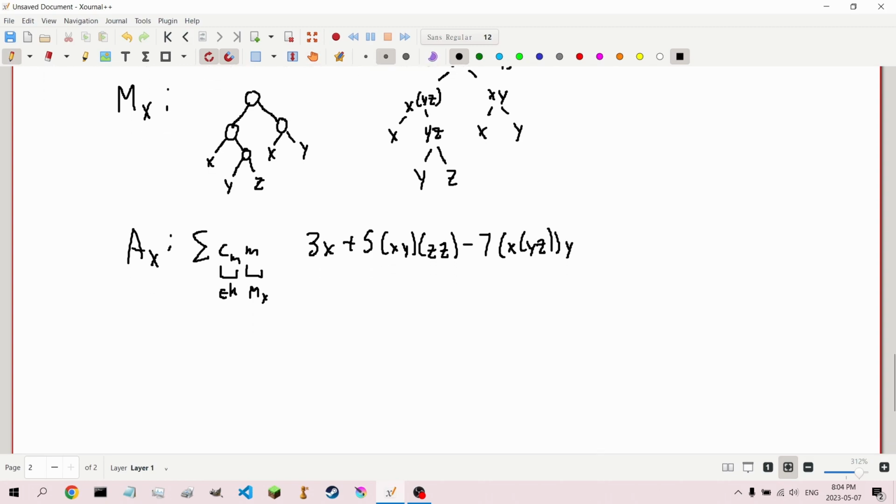How this works, addition is component-wise. And multiplication also is going to split linearly over the addition.